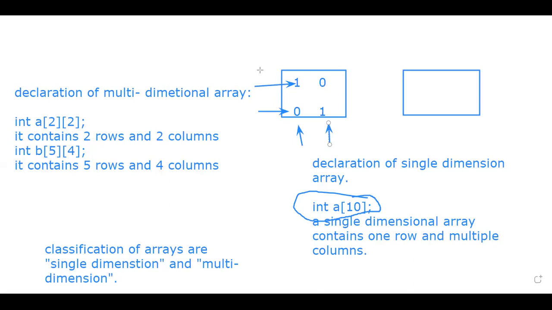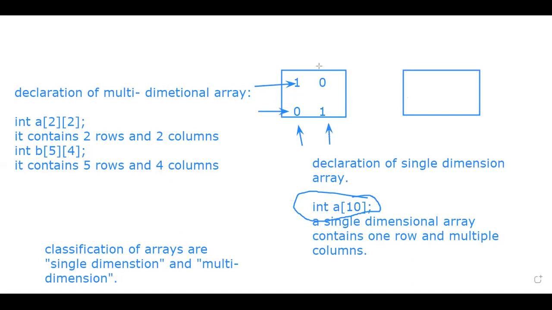Generally, we already told that the index number starts from 0 for arrays. So now we can say the first one is the 0th row, and the second one is the first row. The same way, the 0th column and the first column. Let's take one more example.